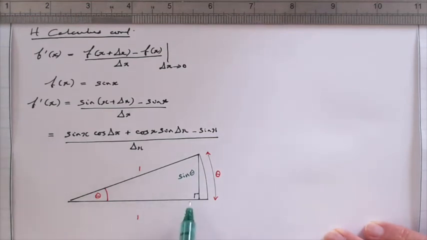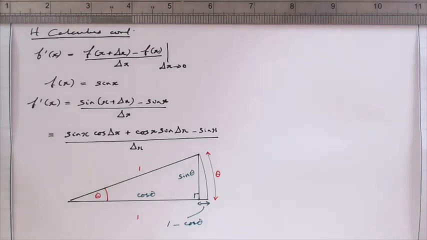Cosine of theta will be the horizontal line here from the center of the circle to this point. And because the entire horizontal line here is a radius, is 1, this tiny length here will be 1 minus the cosine of theta. All right?